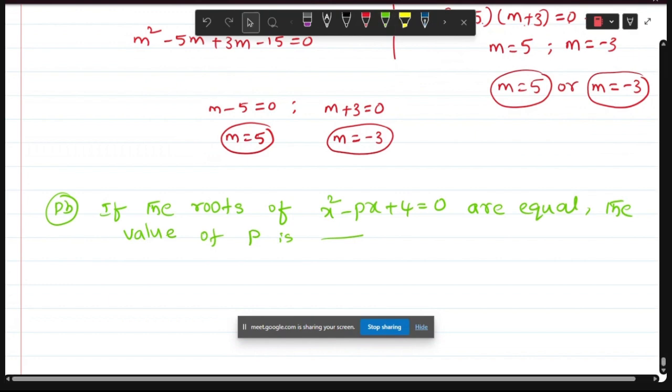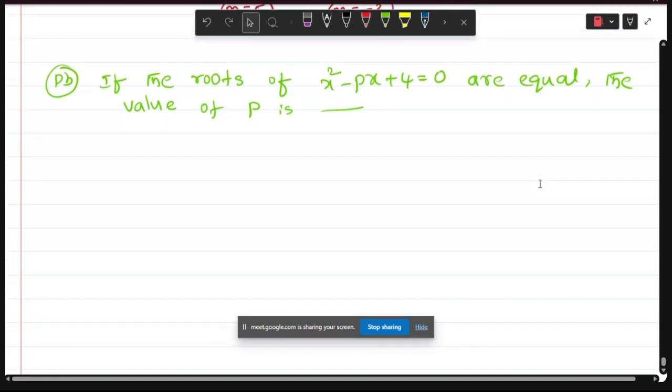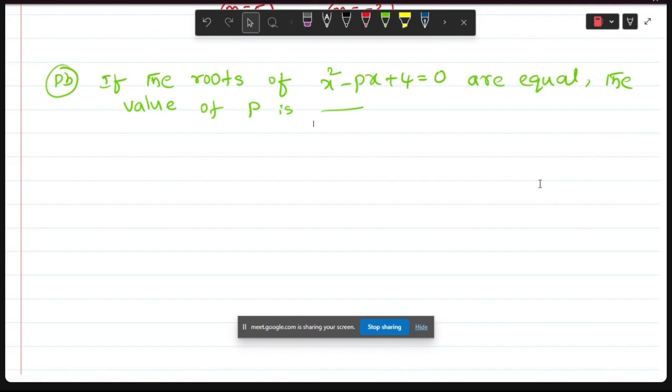Please try. Same method, ma'am. If the roots are equal, the value of p is? Try.